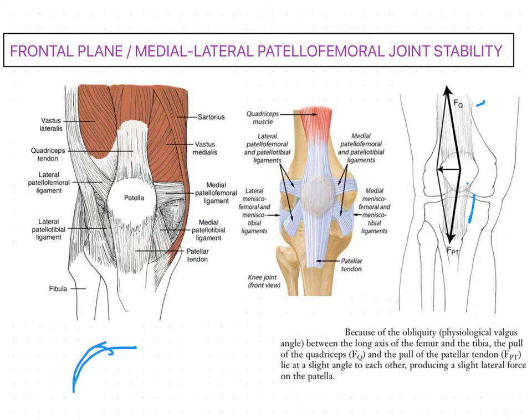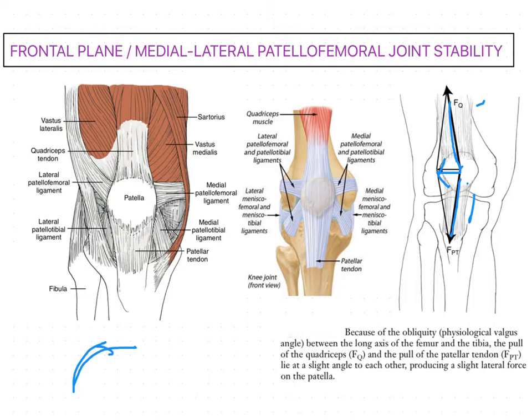If you can see here, this is the resultant force of quadriceps, and this one is the force of patellar tendon. This one is in full extension, which causes these two forces to produce a resultant force on the patella to shift this patella laterally.